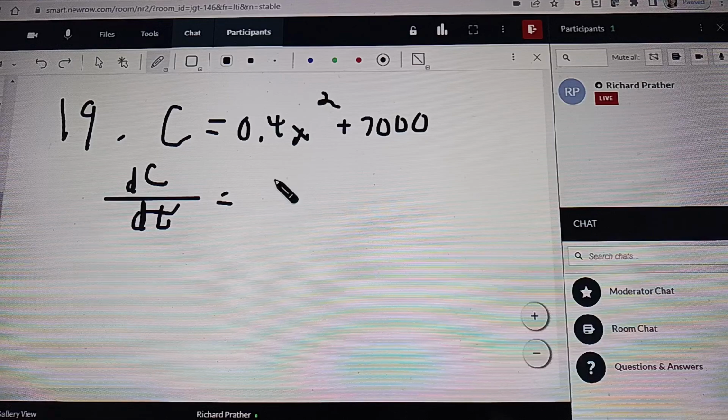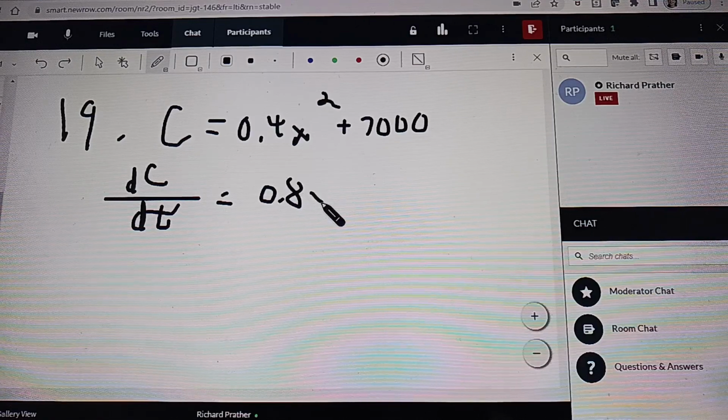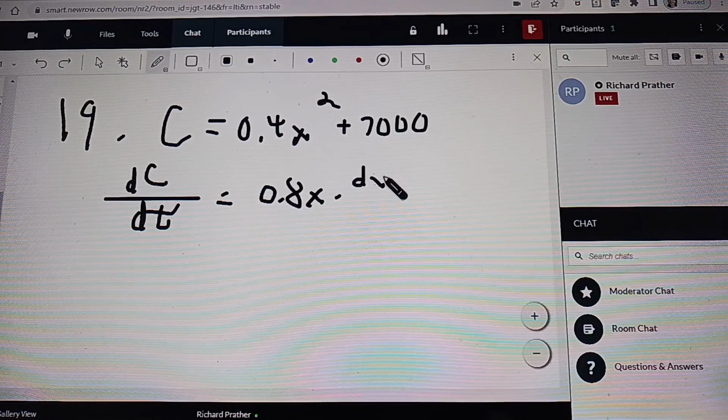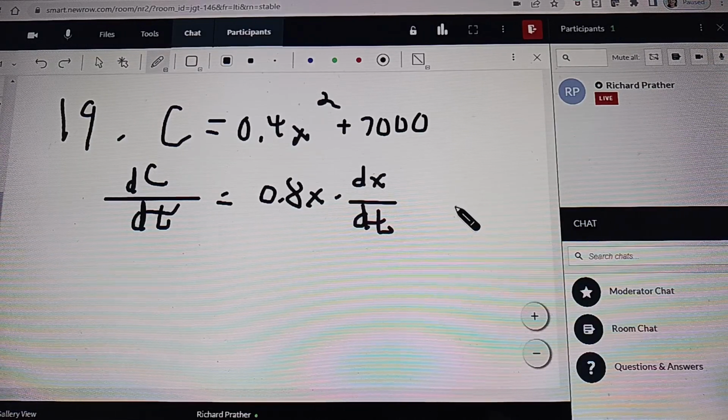Then this derivative would be 0.8x to the first, but then there'd be a dx over dt for that. And then the derivative of 7,000 is nothing.